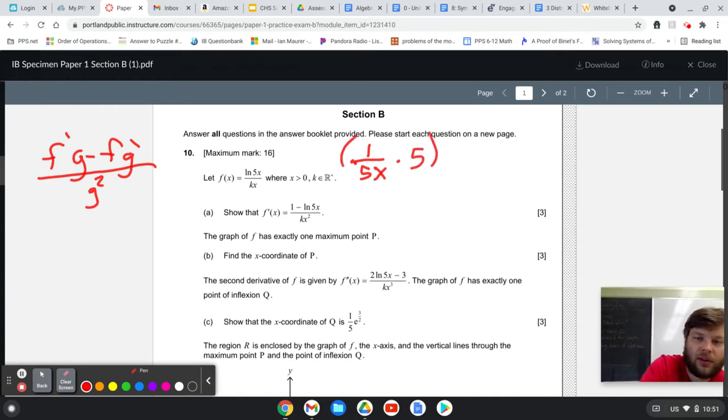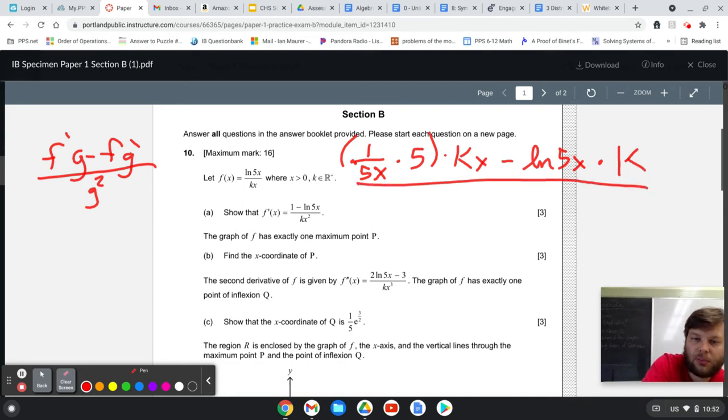So f prime times g, kx, minus f, natural log of 5x, times g prime, k, all divided by g squared, kx squared.